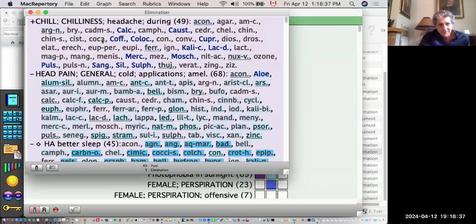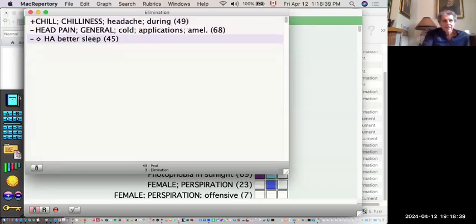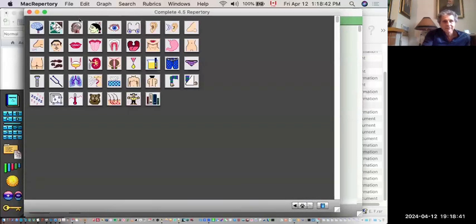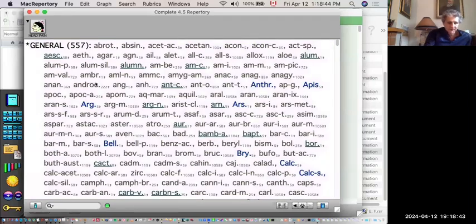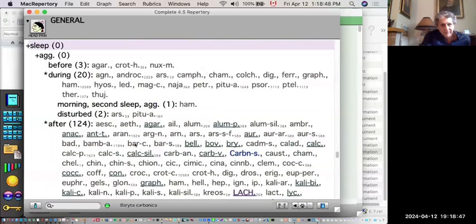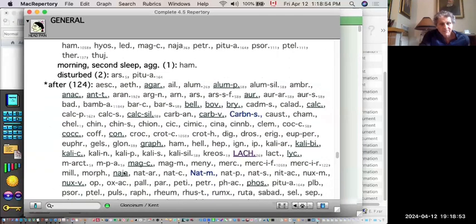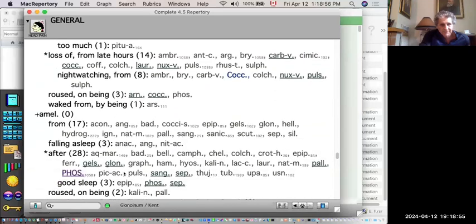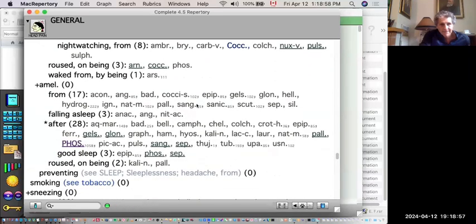And headache better from sleep, it's there, but maybe it's not there. So we'll see if headache is better from sleep in that repertory, because it's a combination rubric and it will not adapt. No, it's here. Oh, no, it's better from sleep. Sorry, better from sleep. It's not here, and it's not here. So it will not be one of the rubrics we choose for elimination. It will not have been there.